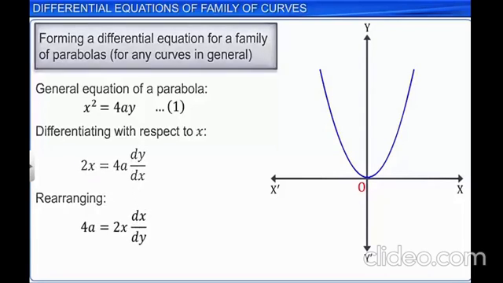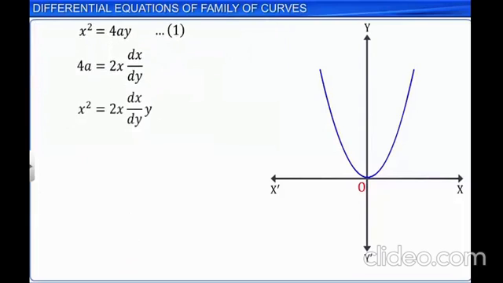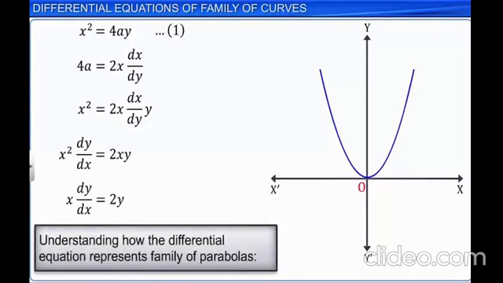Now, substituting the value of 4a in equation 1, we get x squared into dy upon dx is equal to 2xy. On dividing both the sides of the equation by x, we get the differential equation that represents the family of parabolas. Let's see how this differential equation represents a family of parabolas.